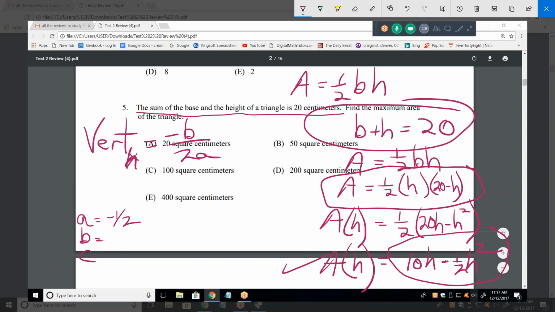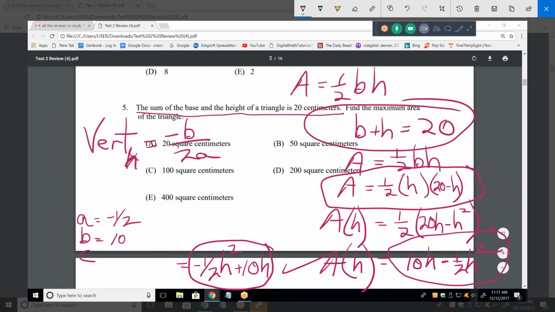Well, you have to put the minus on top. No, b is 10. In other words, the only thing I might want to do to this equation is rewrite it as minus 1/2 h squared. I want to put that in front, plus 10h. So that's our function. A is minus 1/2, b is 10.